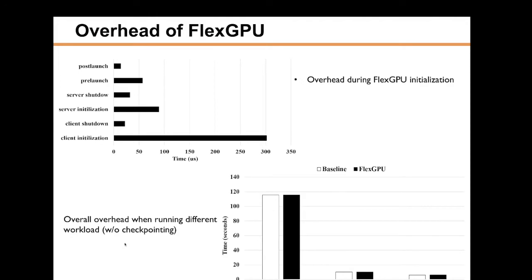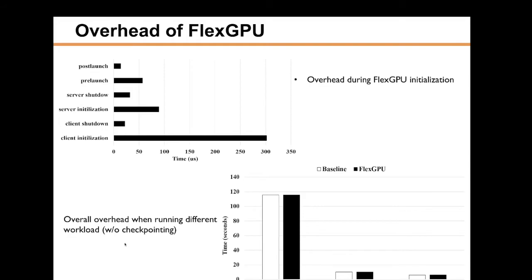Here we show the overhead of FlexGPU. We can observe that the client and server initialization are relatively costly, even if they are called just once. This is because in our approach, the wrapping module, which acts as a client, and the scheduler, which is referred to as the server, must manage the necessary information that is stored in their individual memory spaces.